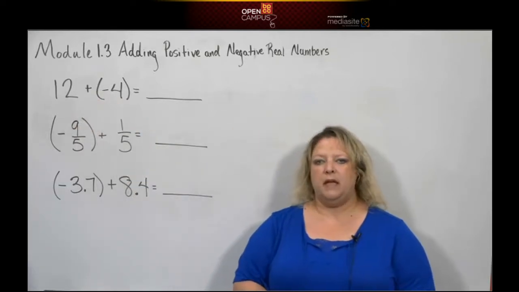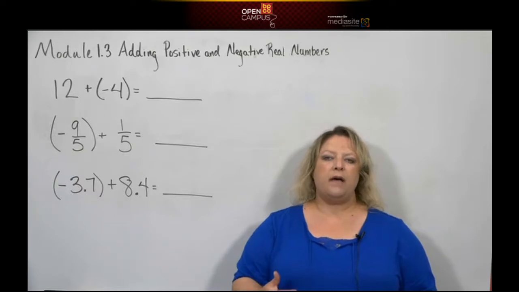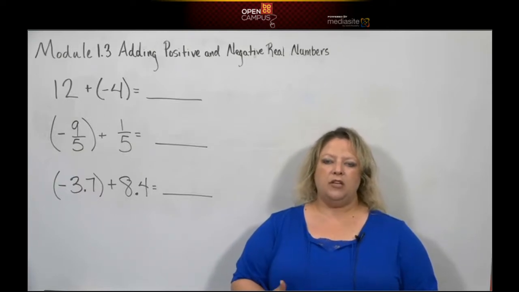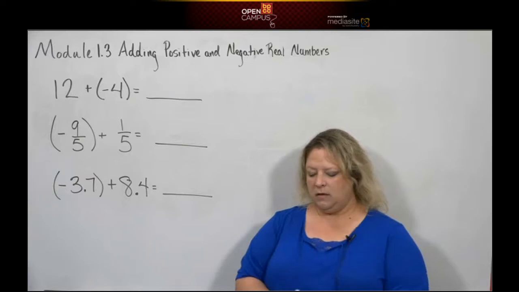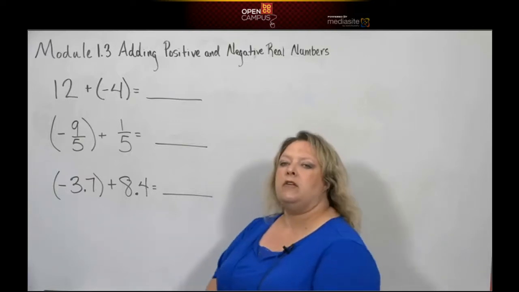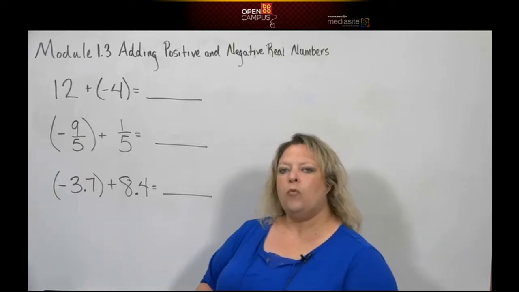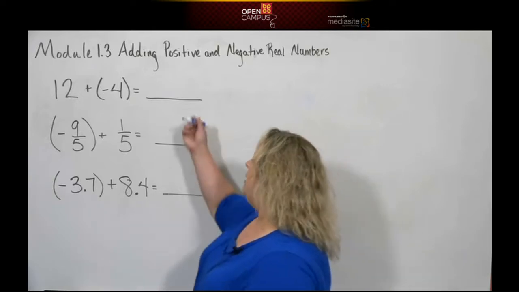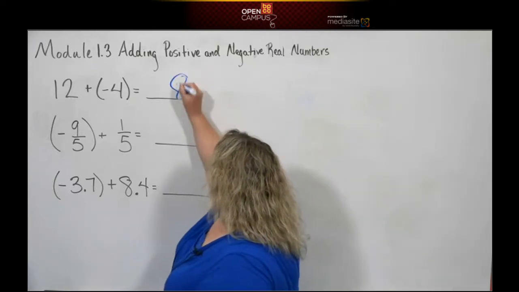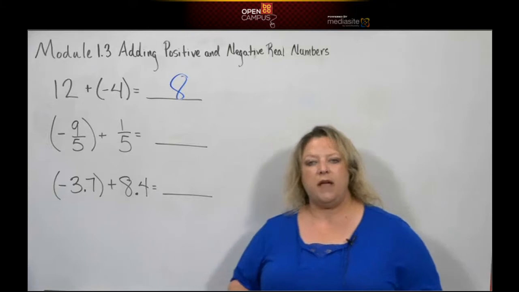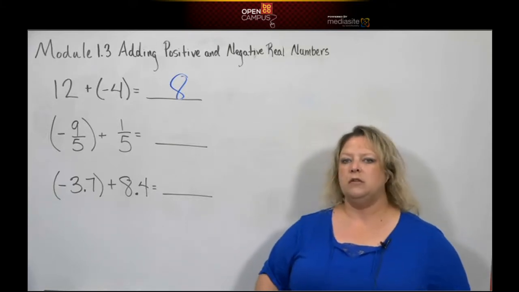What does that mean? That means that you have $12 and you give away 4. So if I have $12 and I give 4 away, what am I left with? I'm left with $8.